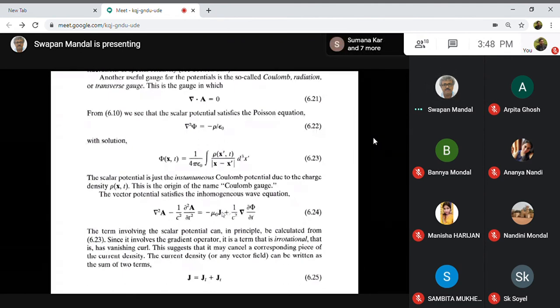Resolve a vector along a plane, a vector containing in a plane. Of course, in the three-dimensional case also.